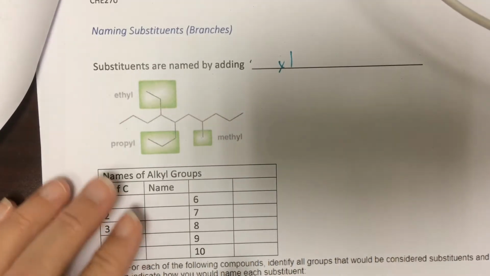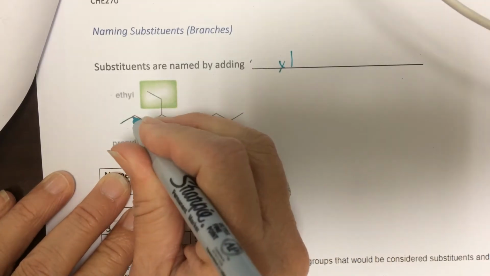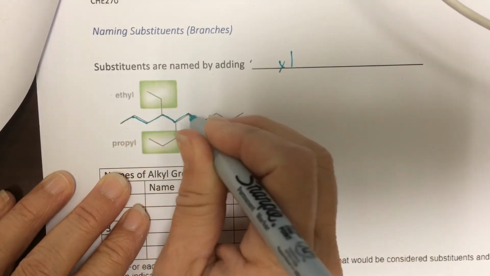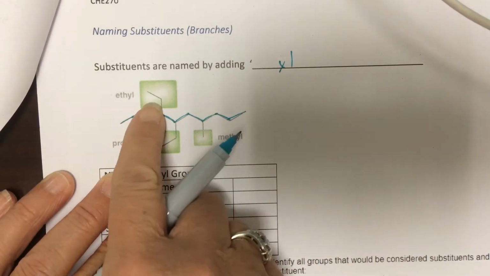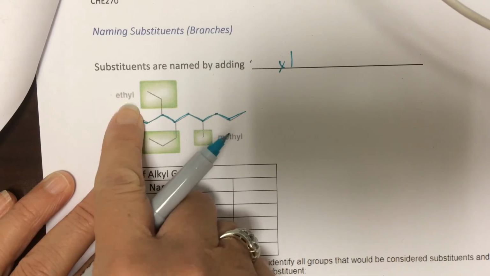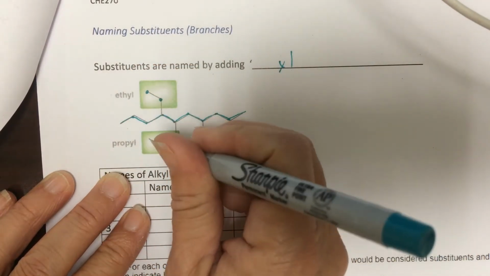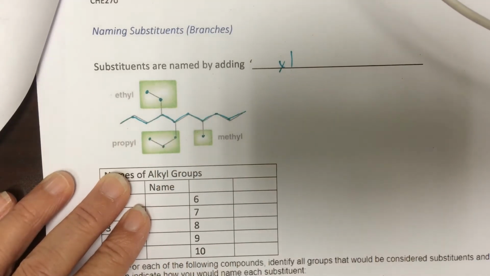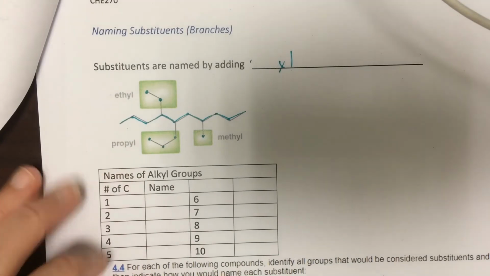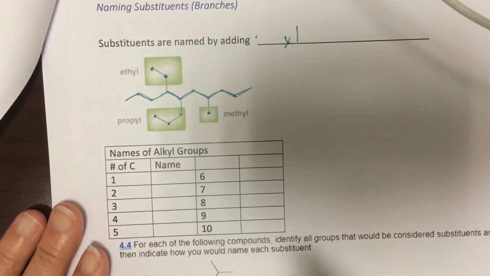So for the compound that's given here as an example, this is our parent chain. And then we have these branches, or these substituents. We've got an ethyl group. It's got 2 carbons. We've got a propyl group with 3 carbons, and a methyl group that just has 1 carbon.